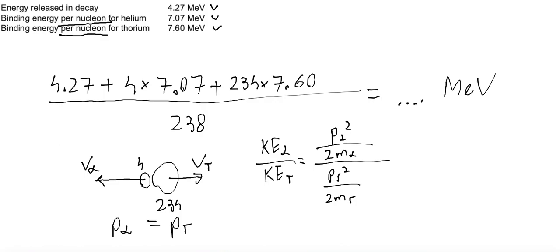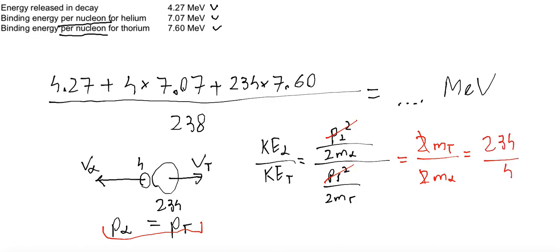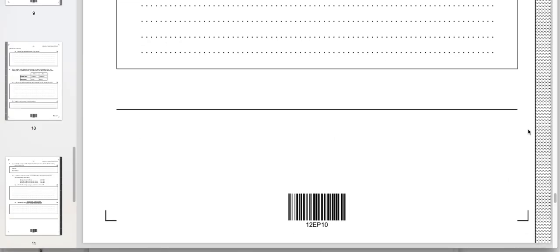Of course, due to this law, the momenta are the same and can be crossed out, and finally we have that 2 mass of thorium over 2 mass of alpha is the ratio between the kinetic energies, so 234 over 4 is the ratio between the kinetic energies of alpha and thorium. That's all.